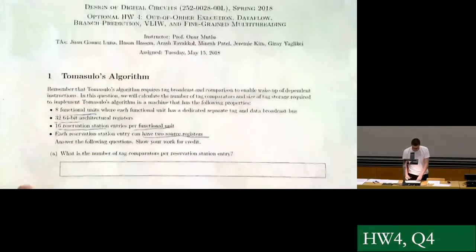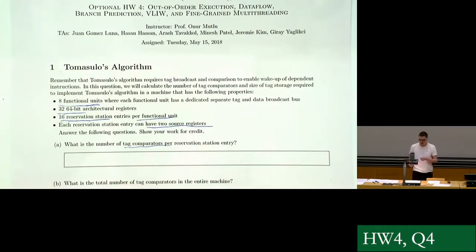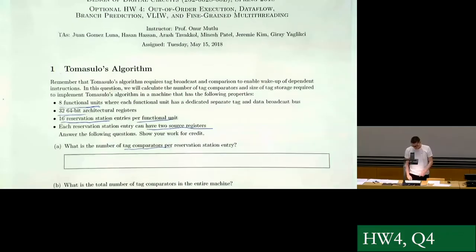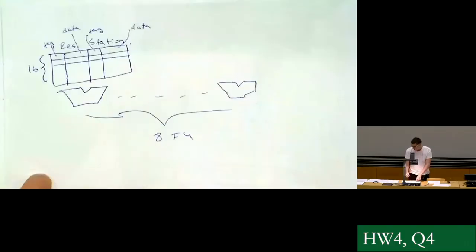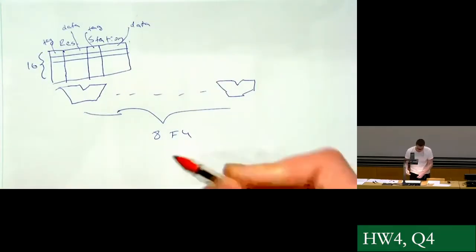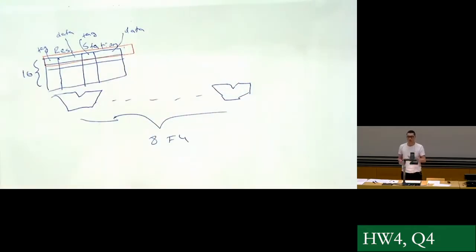And the question is asking how many tag comparators there are per reservation station entry. So if you go back here, in a single reservation station entry, we have two tags, right? Because we have 2 source operands. And so we will need a comparator for each tag for each functional unit, right?